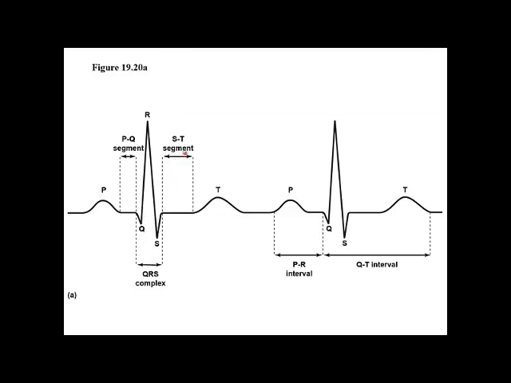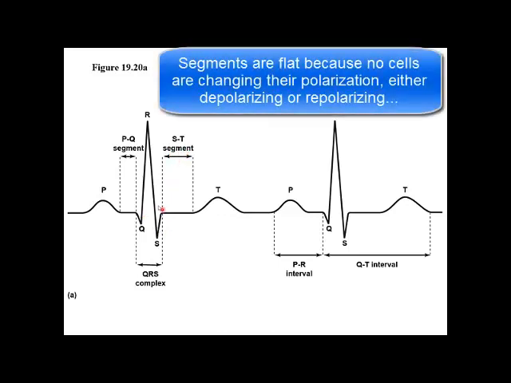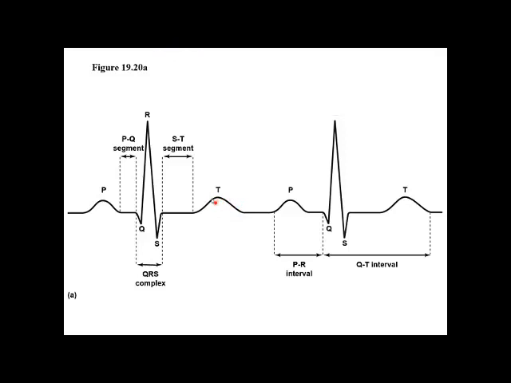Next, we have the ST segment. This is the end of the ventricular cells' action potential. This is the plateau phase of those cells. After the plateau phase, we have our T wave right here. This T wave represents the ventricular cells' repolarization. So once again, P wave, atrial depolarization.